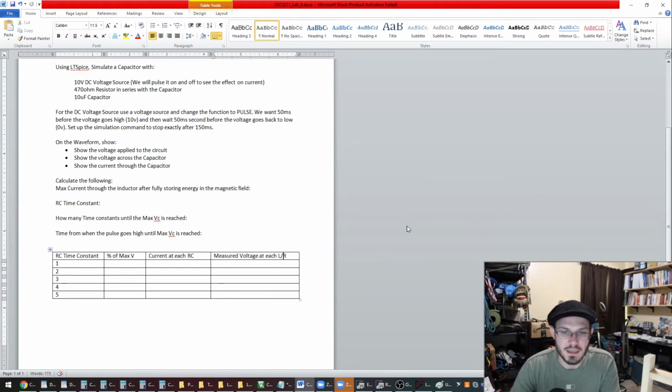Okay, so I gotta fix this RC and show max voltage across the capacitor after fully charged.